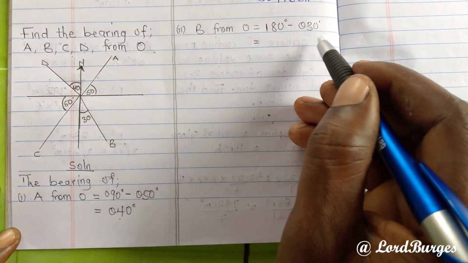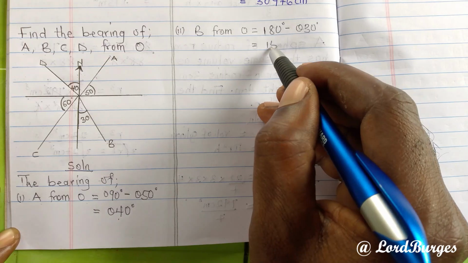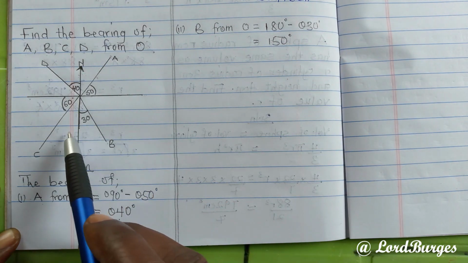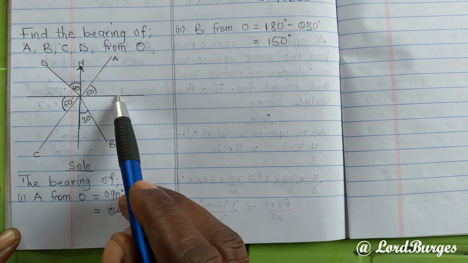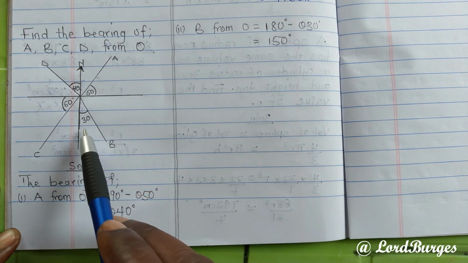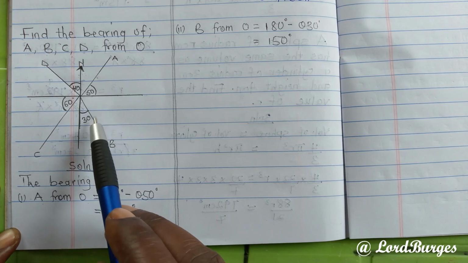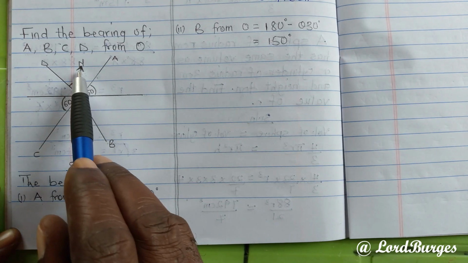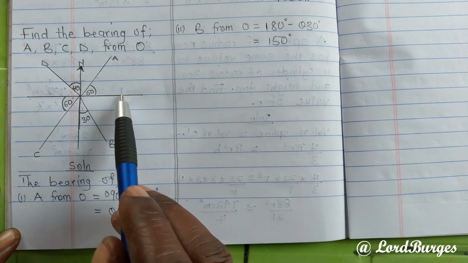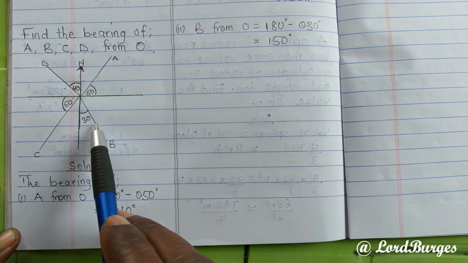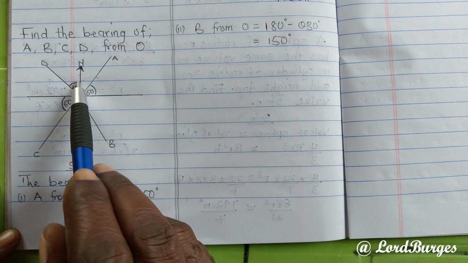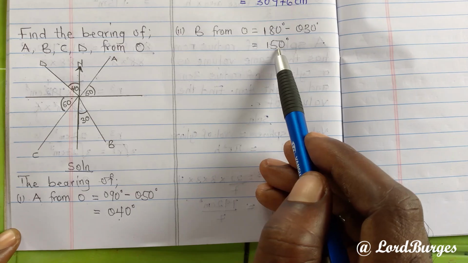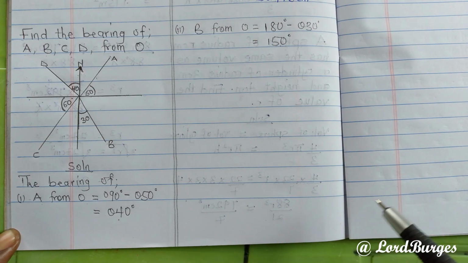So 180 minus 30 gives us 150 degrees, such that, looking at it carefully, from the east to the south is 90, and this side is 30. Therefore, this side will automatically be 60. So if from the north to the east is 90, and from the east to the B line is 60, 90 plus 60 will give me 150. You can still use that method to get the answer.